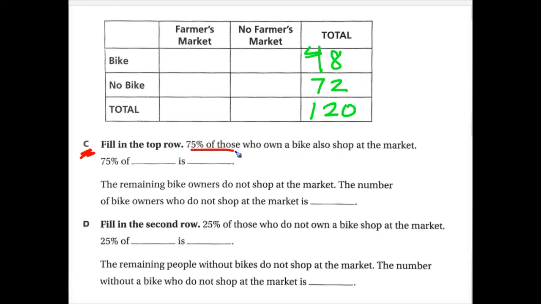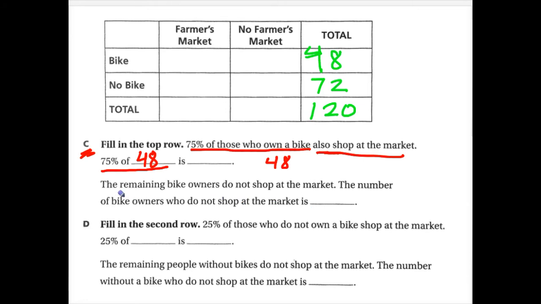So how many people own a bike? 48. So this is saying 75% of the 48 people.